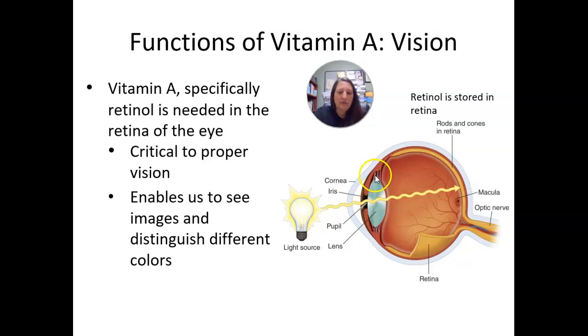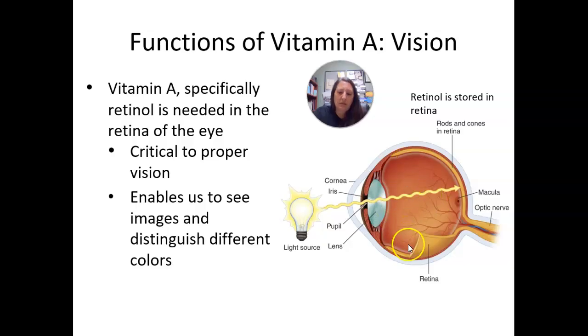We have these little ligaments here and muscles that are involved in regulating the shape of the lens. And then behind that, so kind of in the back part of the eye, we have a layer of tissue called the retina. Okay, and then we have the optic nerve here in the back, which leads to the optic chiasma and eventually to the brain.